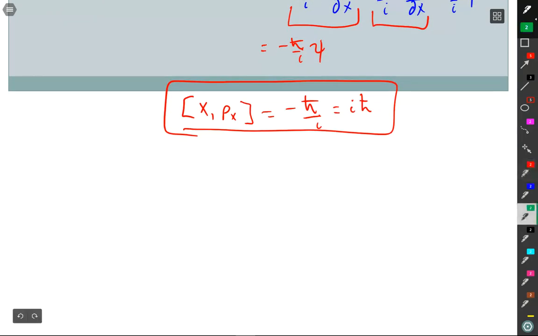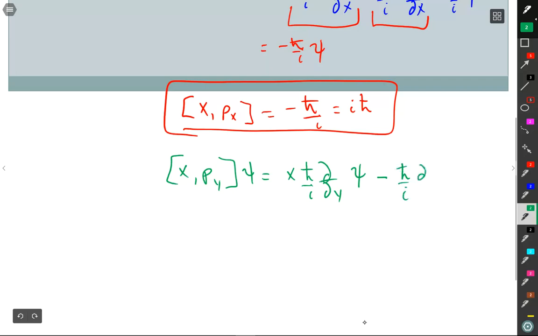So if I do x, p sub y, the commutator between them, what do I get now?